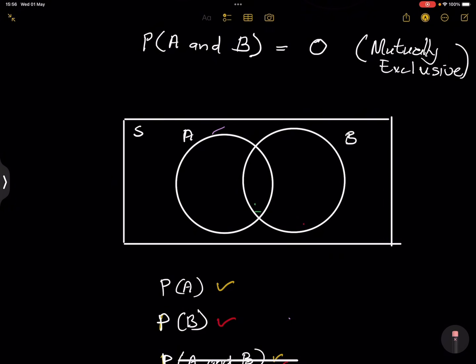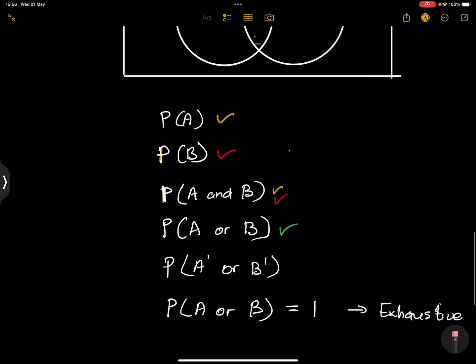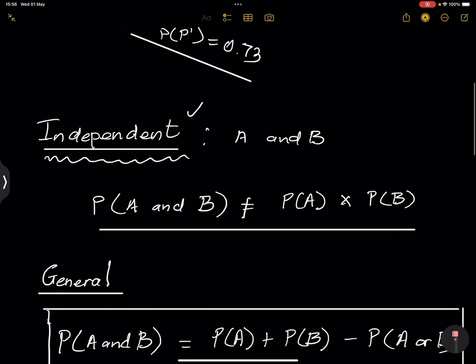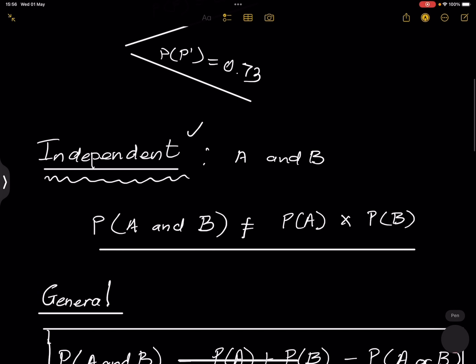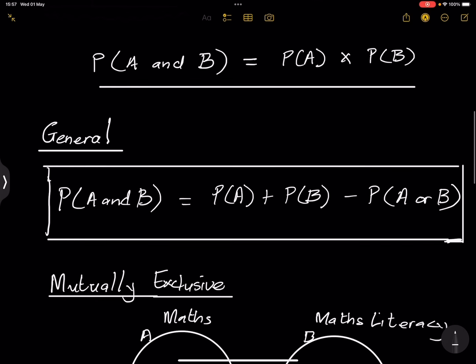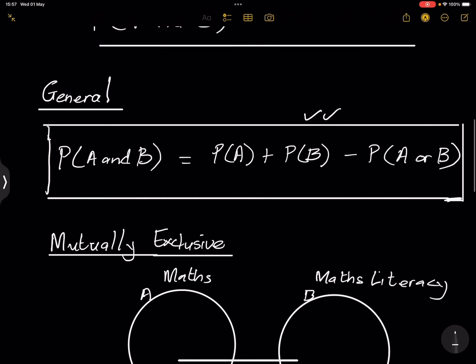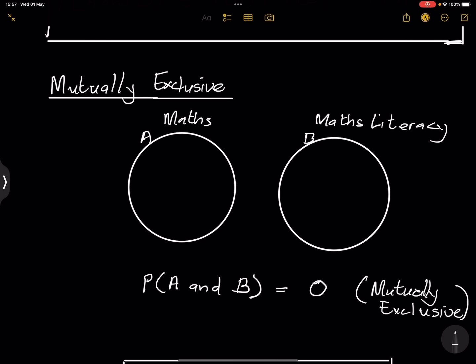We are going to look at some questions together, but quickly let's remember the things that I need to remember. When I've got independent events, the probability of A and B will be equal to the probability of A multiplied by the probability of B. My general rule: probability of A plus the probability of B minus the probability of A or B. And then mutually exclusive events.